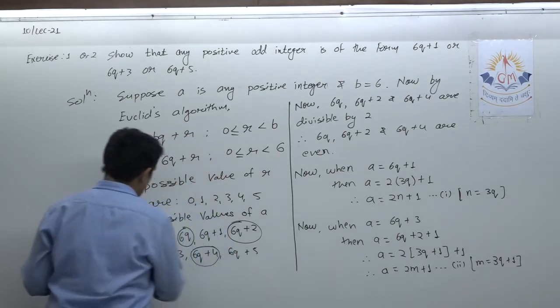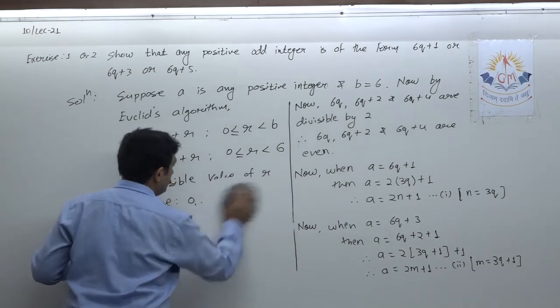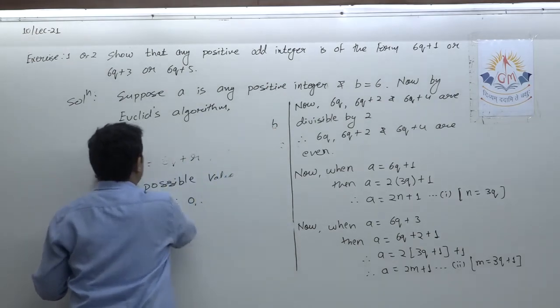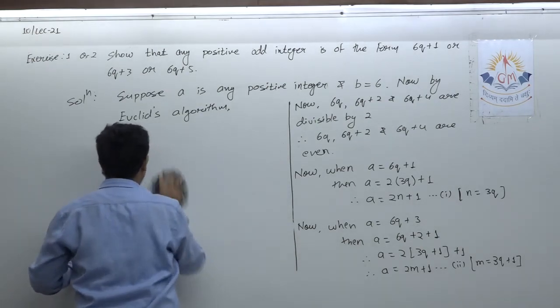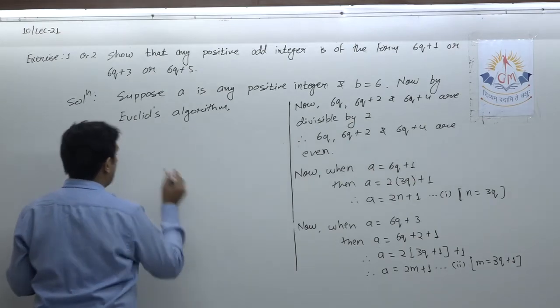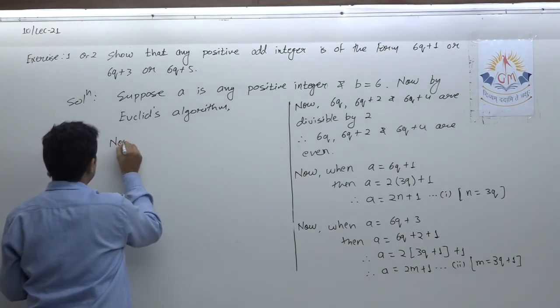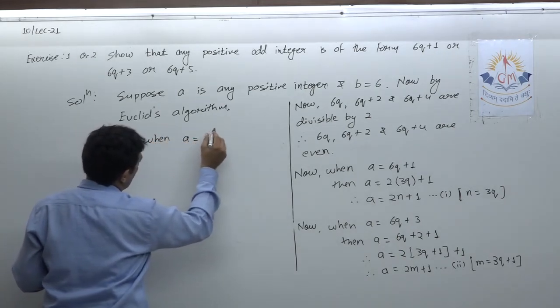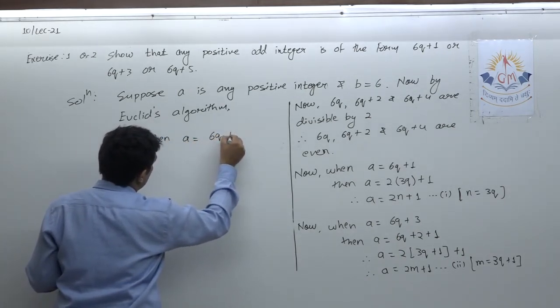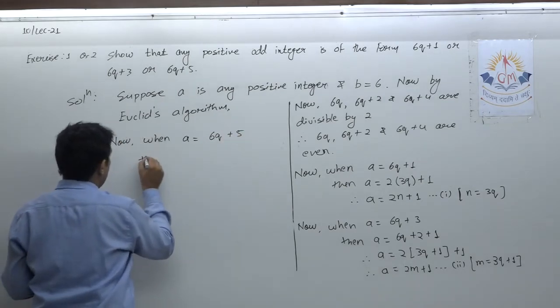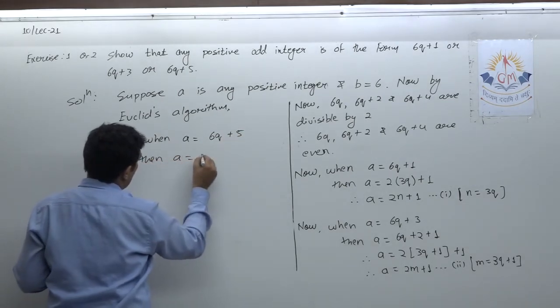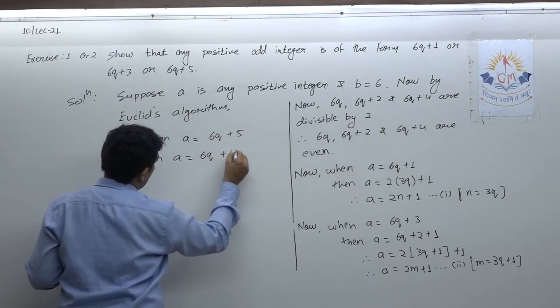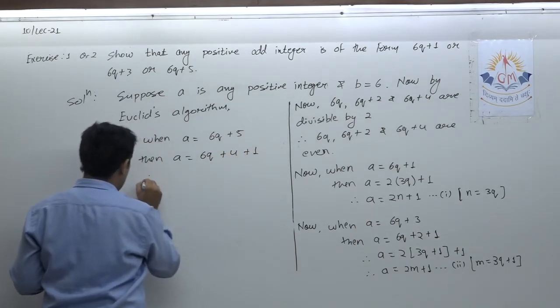Okay, now we'll see how to solve it further. Now third case. When a is equal to 6q plus 5, then a is equal to 6q plus 4 plus 1.